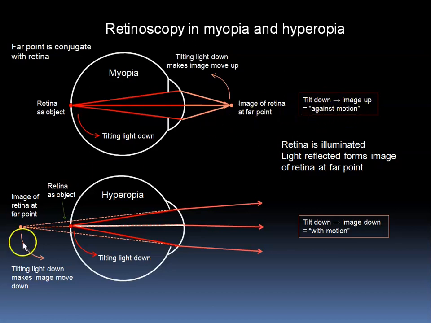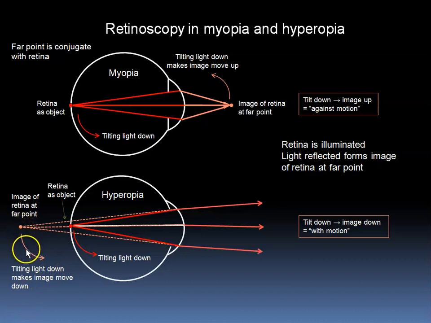retinoscope is being tilted. In the case of the hyperope, the retina here is conjugate with a point beyond infinity, or mathematically equivalent to a point behind the eye. When the retinoscope light is tilted ever more inferiorly in this direction, the image of the retina at the far point is moving down as well.